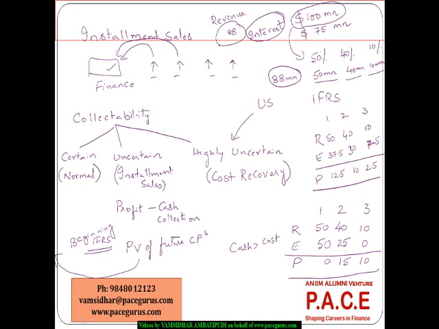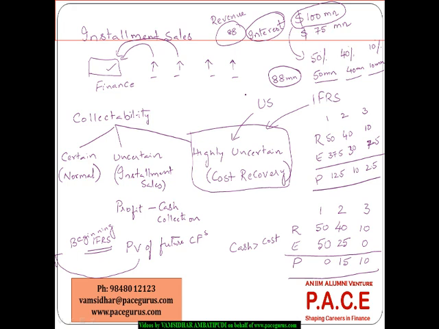So that's a key difference between IFRS and US GAAP with respect to the handling of installment sales. But where there is high uncertainty with respect to collectability, the cost recovery method is used even under IFRS. US GAAP and IFRS don't differ with respect to the cost recovery method.